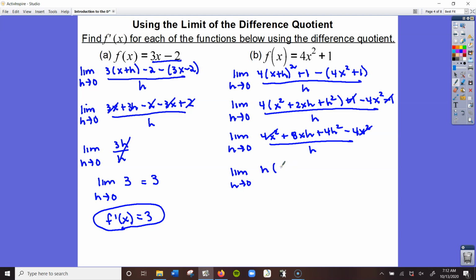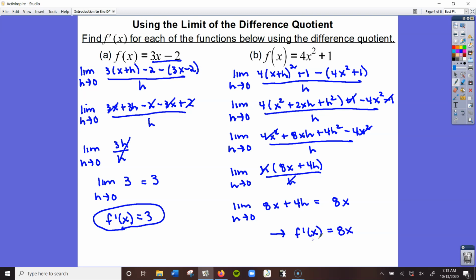So h times 8x plus 4h, all over h. The h's cancel. And my final limit, the limit as h is approaching 0 of 8x plus 4h. If I plug in h is equal to 0, my derivative is equal to 8x. So f prime of x is equal to 8x.